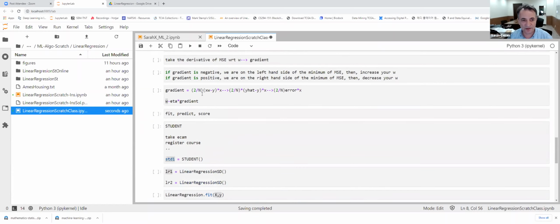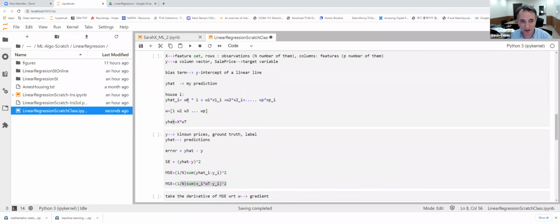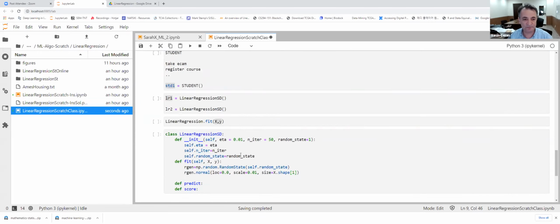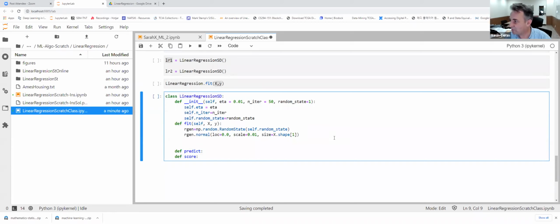Because I'm going to have as many W's as number of features. Okay. All right. So I am going to be now assigning these random numbers to my weights.